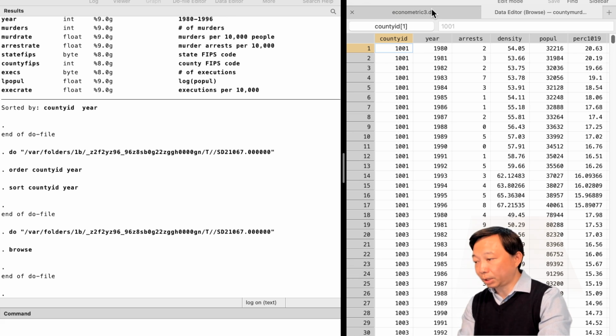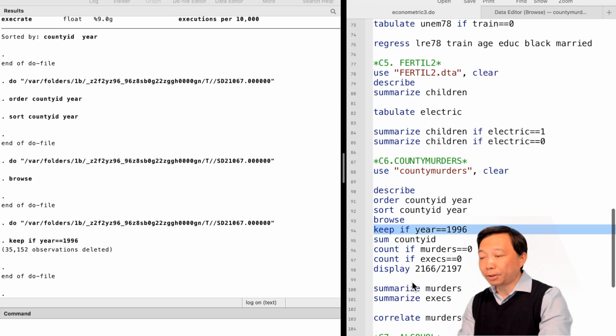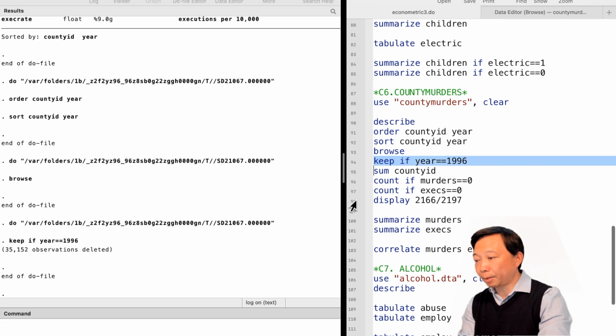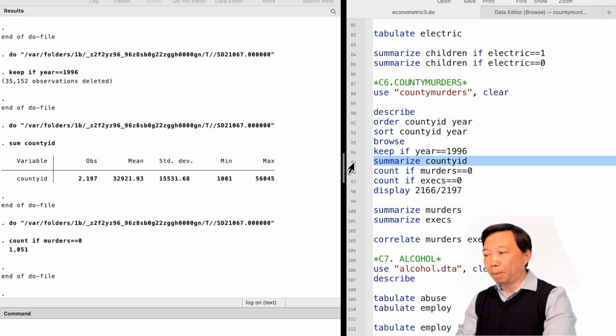It is a panel dataset. We only use the 1996 data in this computer exercise, so we keep the 1996 observations and drop the others. Using the summarize command, we find 2,197 counties in the sample.